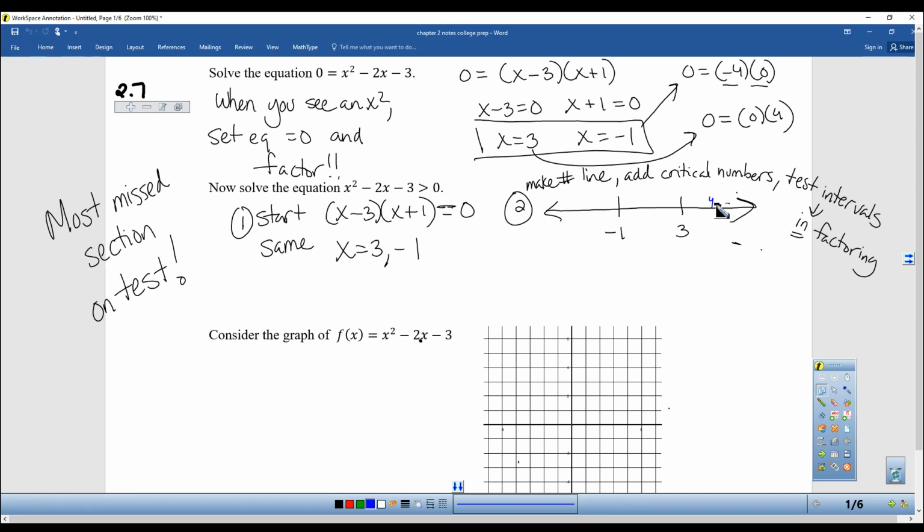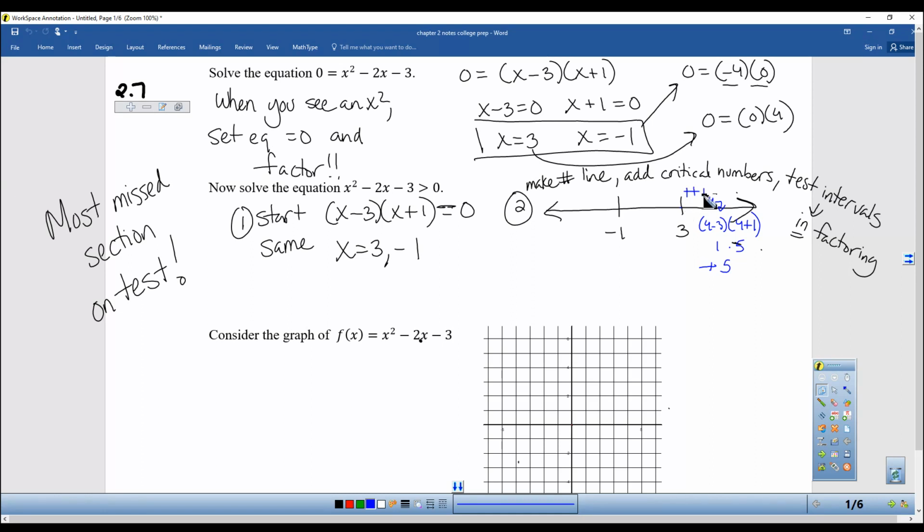When I put in a 4, I get 4 minus 3 times 4 plus 1, which is 1 times 5, which is 5, which is positive. So what's great is that if this is positive, then this entire interval is positive.